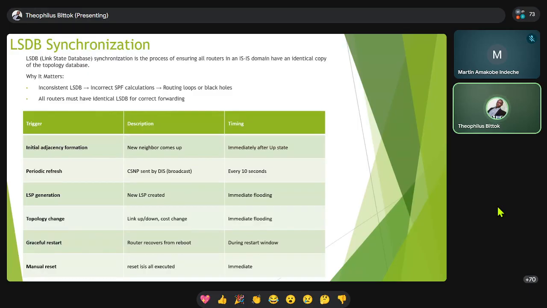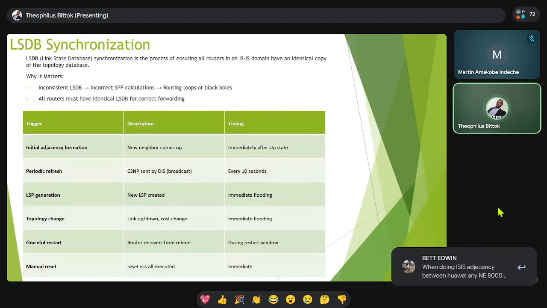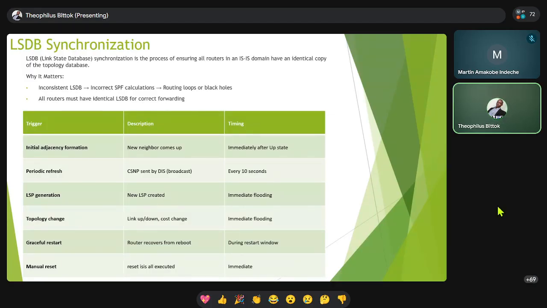Level one routers know the routes just within the area and maybe a default route to the transit routers, the L1, L2 routers. So an L1 LSDB is flooded just within that area. But for L1, L2 or L2 routers, those being the core routers, the LSDB is flooded across the domain.